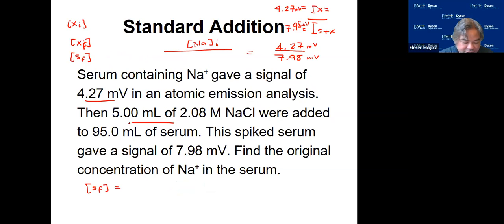We need to take into consideration the initial concentration of the SI. We have SI as 2.08. That's the original concentration.